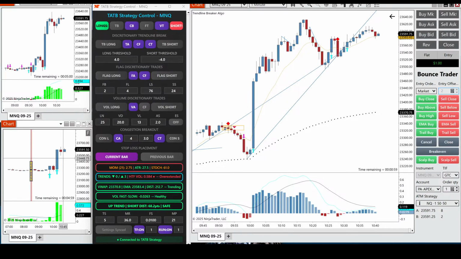Now in my opinion, from what I've seen, if this fails to close higher or make a new high, we have a good chance of making a similar bar to the downside and retest these lows possibly.